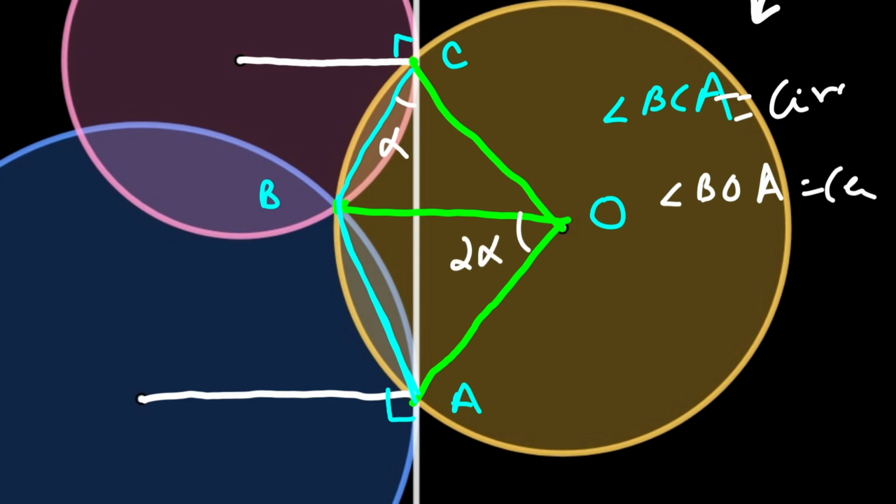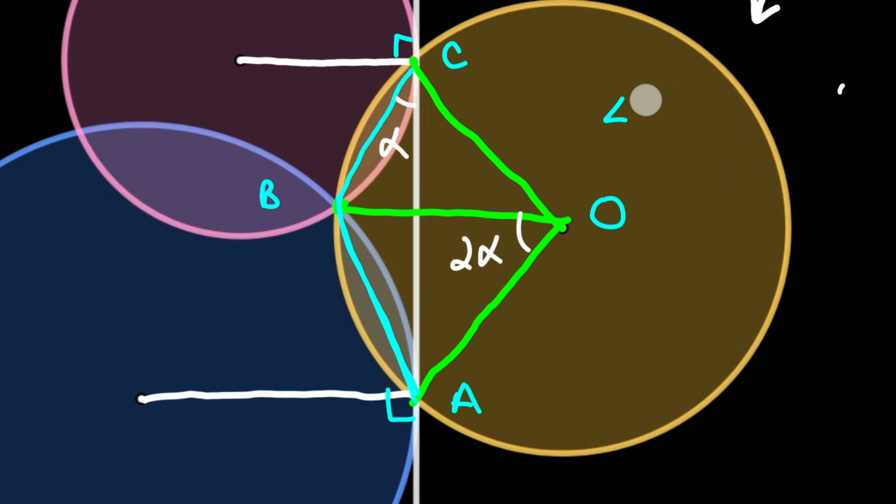Okay. Now let us utilize the same theorem one more time, and this is the last time. But this time, we will take the common chord as the chord BC. Look carefully, the points B and C lie on the circumference of the yellow circle, hence it is a chord of the yellow circle. We can notice that the angle BAC is the angle subtended by this chord at the circumference, and the angle BOC is the angle subtended by the same chord at the center.